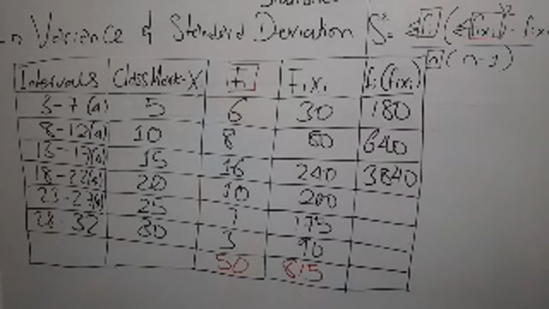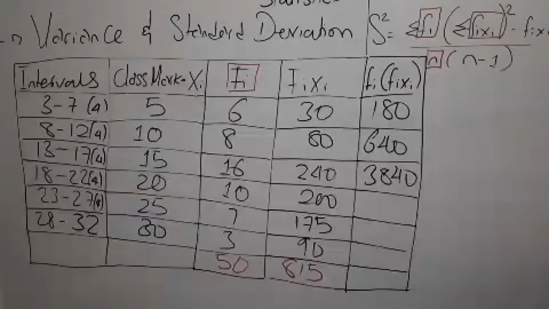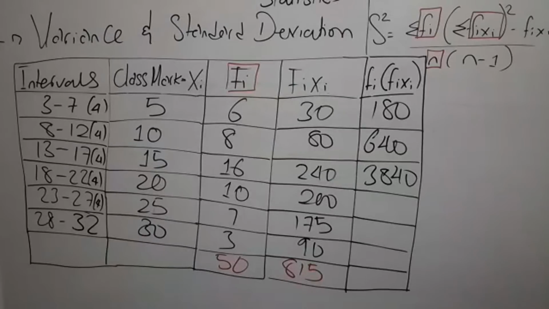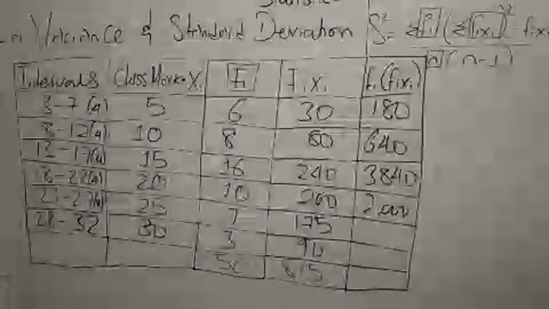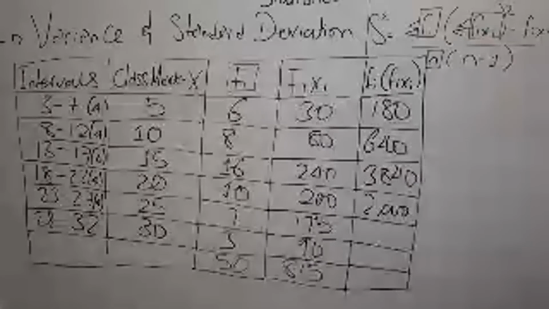I think I need to check myself. We're having some discrepancies here. That should be 2,000, of course. Yes, 2,000. Mrs. Tasha, how did you get 4,000? Okay, so the next one, please.